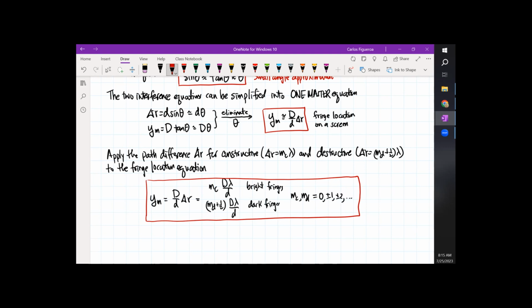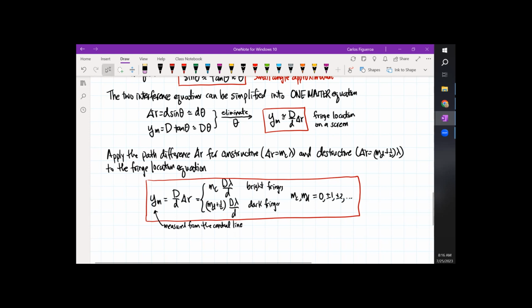Now, I want to say one thing before I move on. Remember, this is measured from the central line. It should be delta y of m, but that's not what's common.